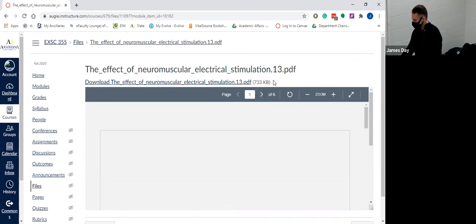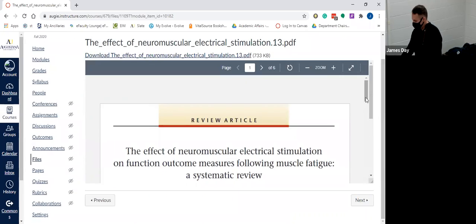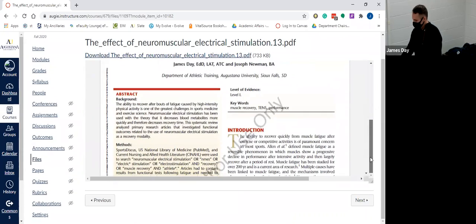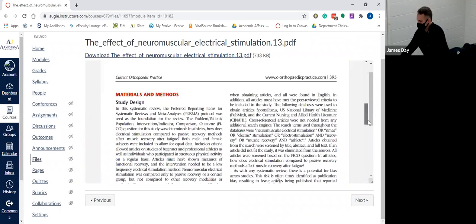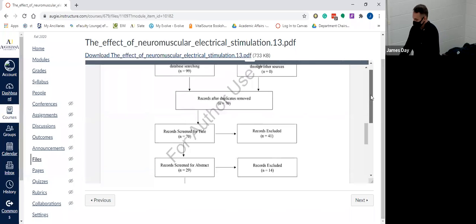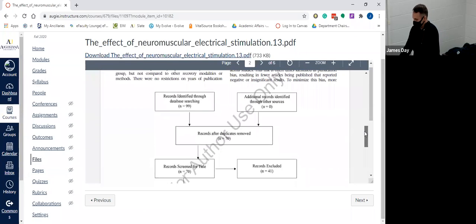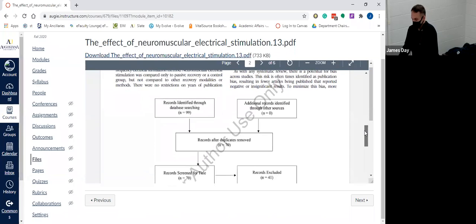So I just randomly picked this one. Here's the flow chart for this systematic review.